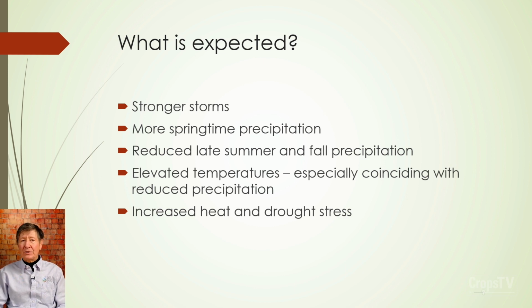Now, there's another element associated with these bullets. If we get more springtime precipitation, what does that do to potential crop root growth depth? Flooding soils do not bode well for rooting depth. And corn, when it flowers, when it tassels, it basically stops its root growth.